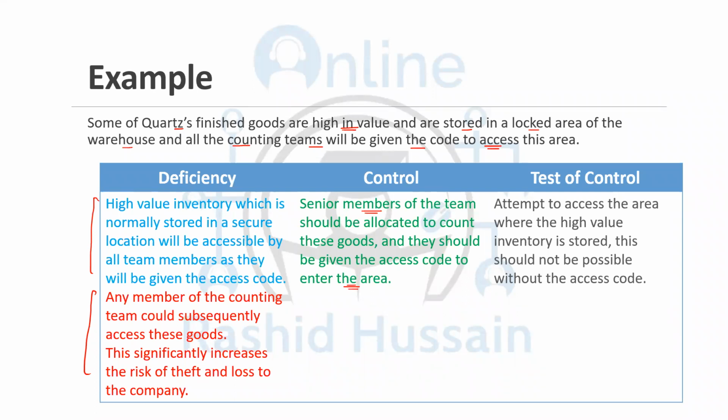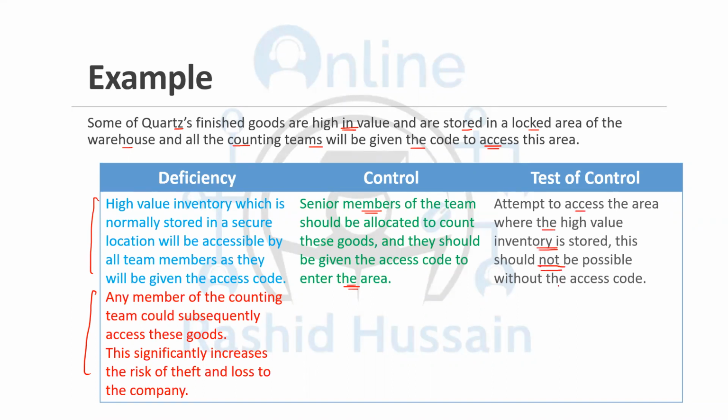The first method is you can inquire from the counting teams whether they know the code. If they say yes, we are aware of that, then that means the system is not working effectively. It's a weakness. And if they say no, only that person has the access, that means the system is effective. Or the second way is to attempt to access the area where the high value inventory is stored.